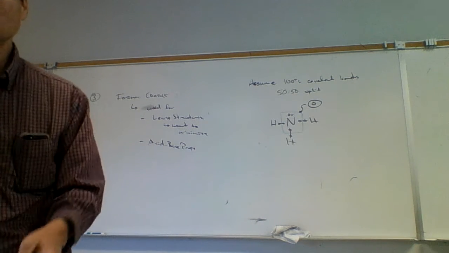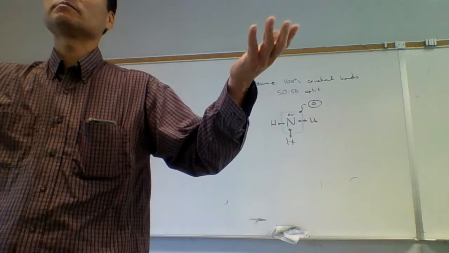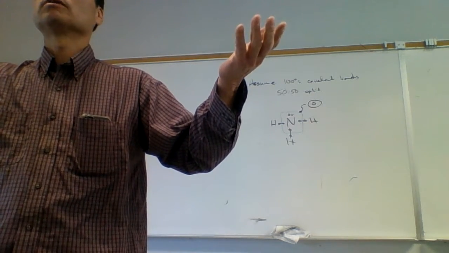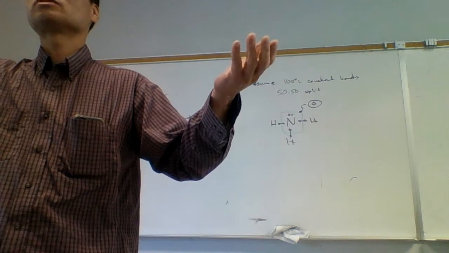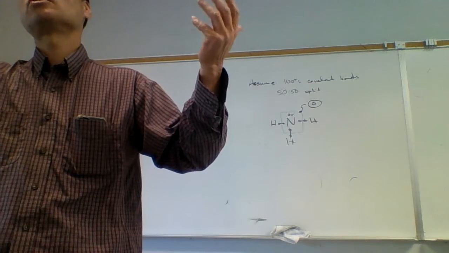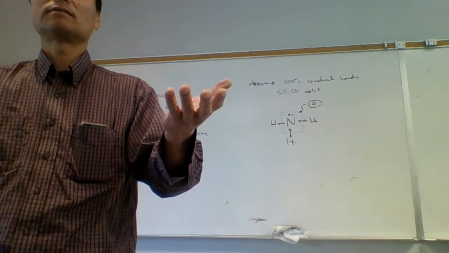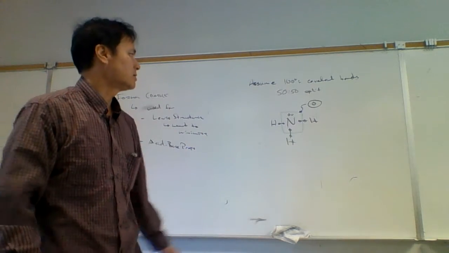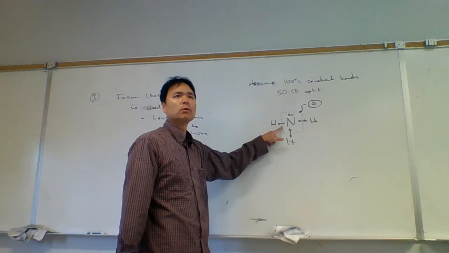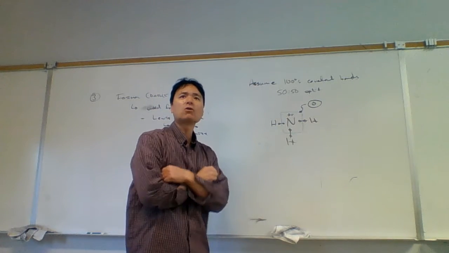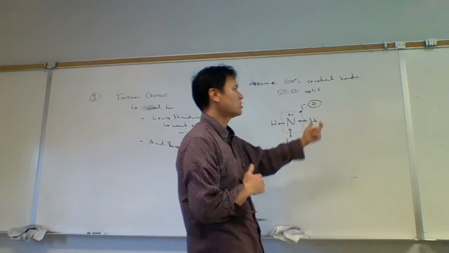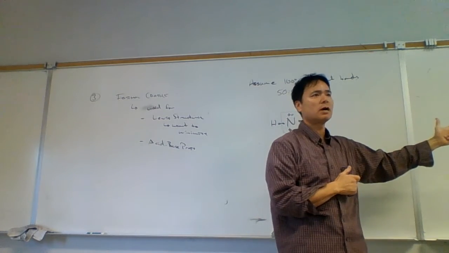It's somewhere in between because what we're doing is we're looking at the extremes. We're looking at the extremes of the nitrogen-hydrogen bond being totally ionic or totally covalent. In reality, this is a polar covalent bond. Polar covalent bond is going to result in a partial charge. So the charge on nitrogen in reality is between 0 and -3.